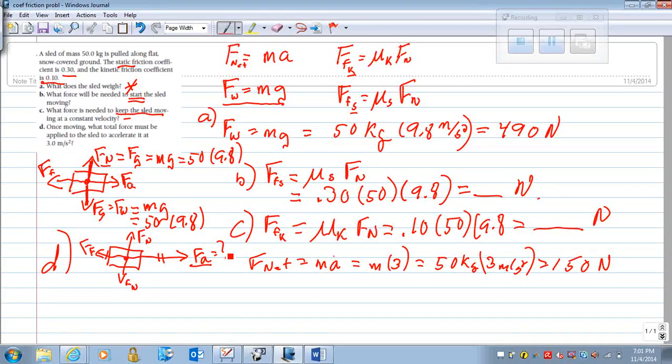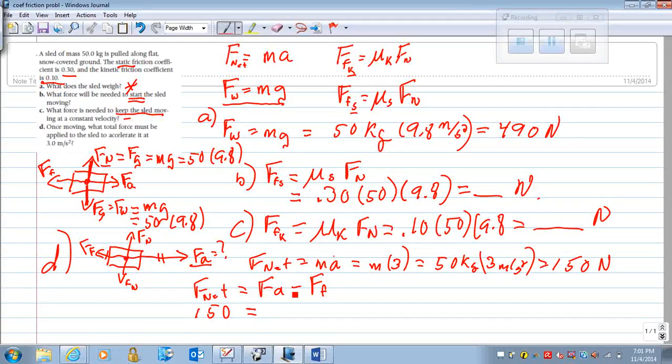So let's take a look at this. Let's set up our equation for net force. Our net force has to be equal to the applied force, so we're going to say that's the positive direction, minus the force of friction. So putting in what I know, I just figured out that my net force, when it has an acceleration of 3 meters per second squared, is 150.